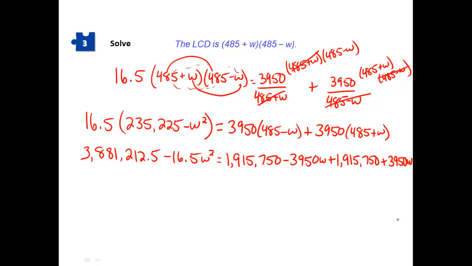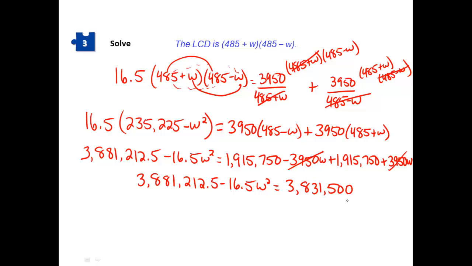And our second 3,950. Okay, so now we need to simplify. Very nicely here we have 1 minus and 1 plus, so those cross out. So we have this side equal to, and we're going to add these two numbers together. And then solve for w squared.